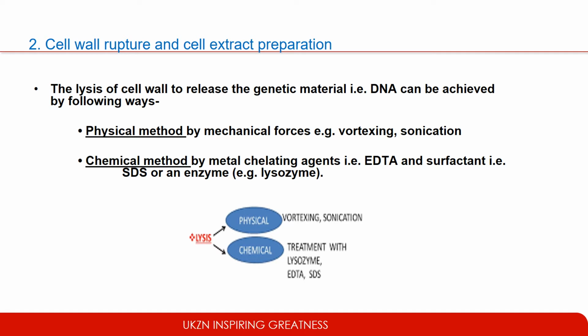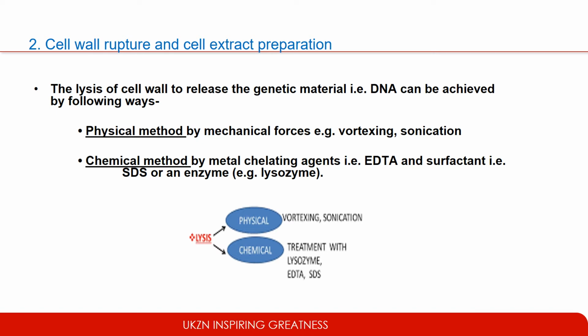The majority of research labs do not have a sonicator, so most of them opt for the chemical method, which uses chelating agents such as EDTA, as well as surfactants or detergents such as SDS, in combination with an enzyme such as lysozyme.